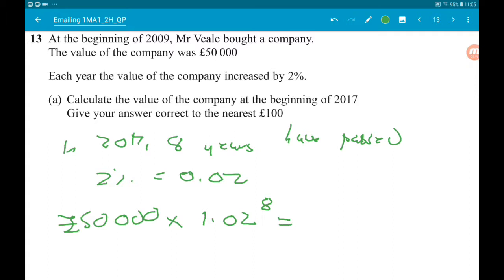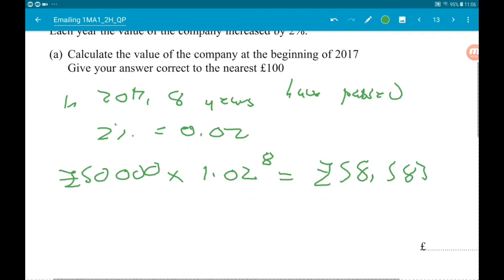So if we just say 58,583, because we're then rounding that to the nearest £100, so that's 58,600.